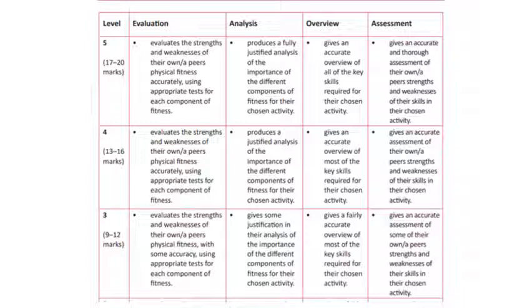An overview: give an accurate overview of all the key skills required for their chosen activity. Assessment: gives an accurate and thorough assessment of their own or peers' strengths and weaknesses of their skills in their chosen activity. So all those 5s, that's what we're looking to hit, to get that 17 to 20 marks.